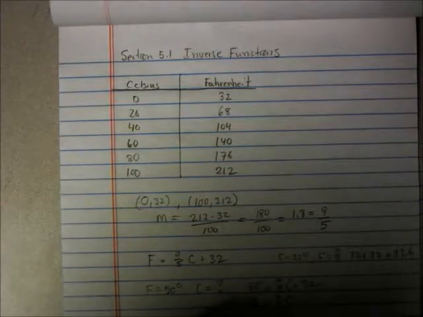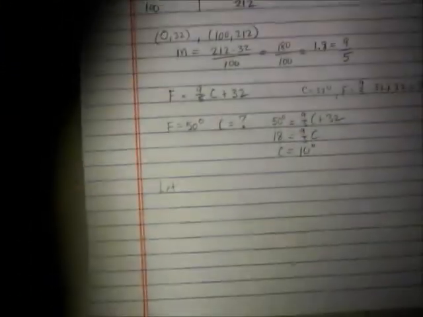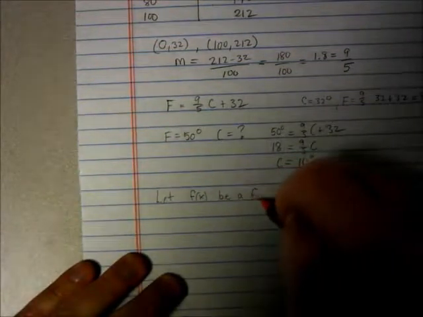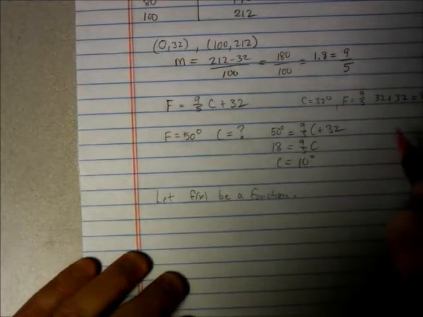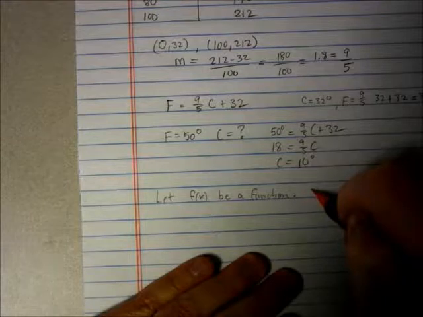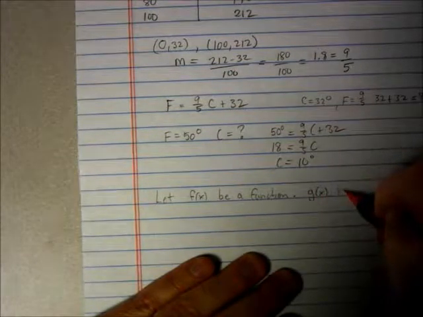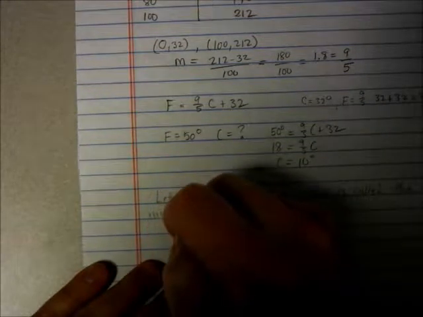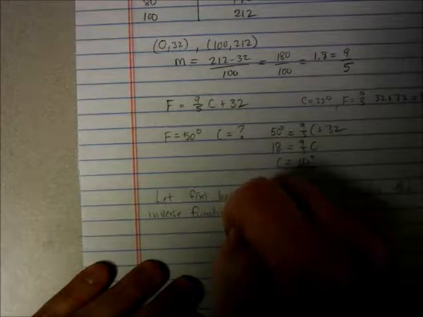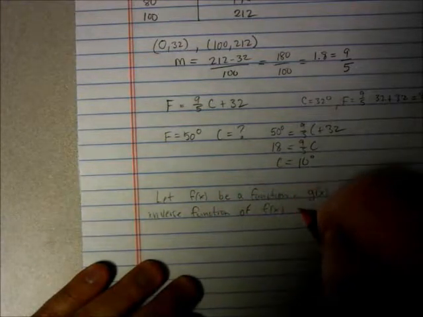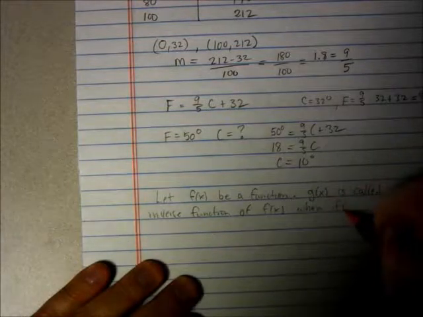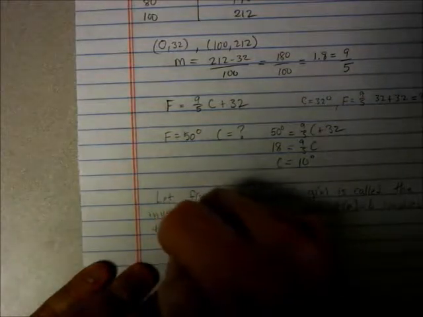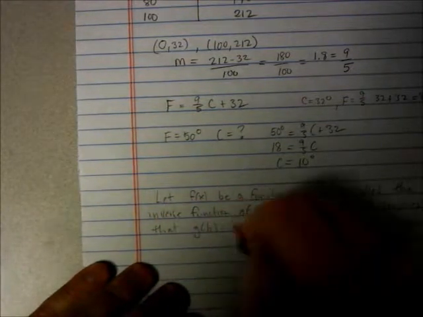So let f of x be a function. g of x is called the inverse function of f of x when f of a equals b implies that g of b equals a.